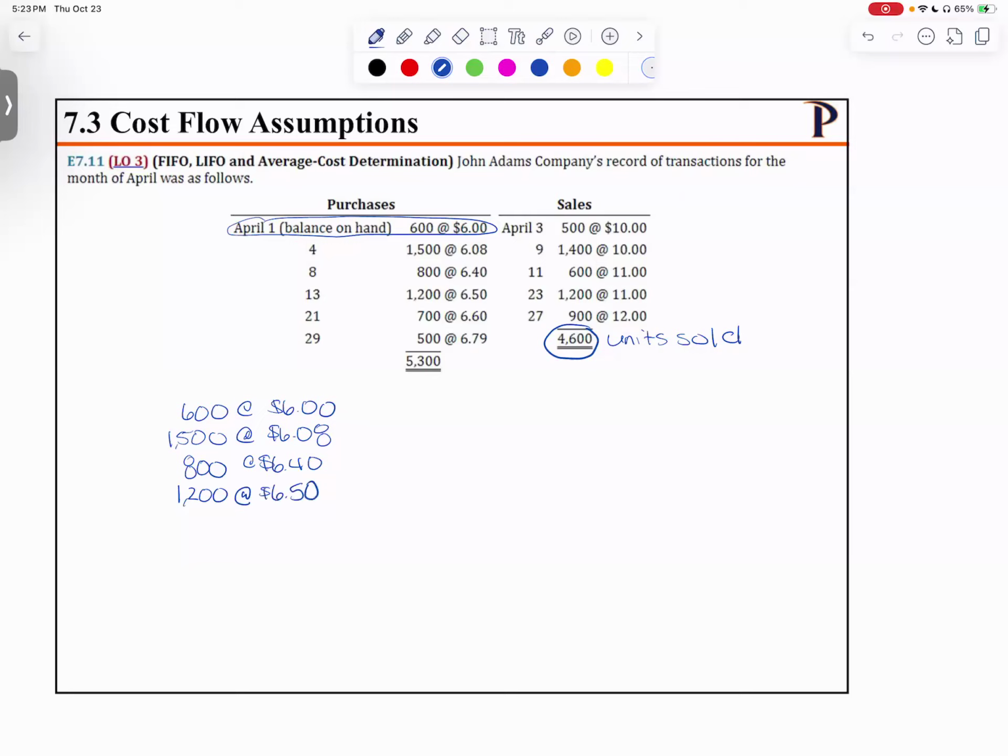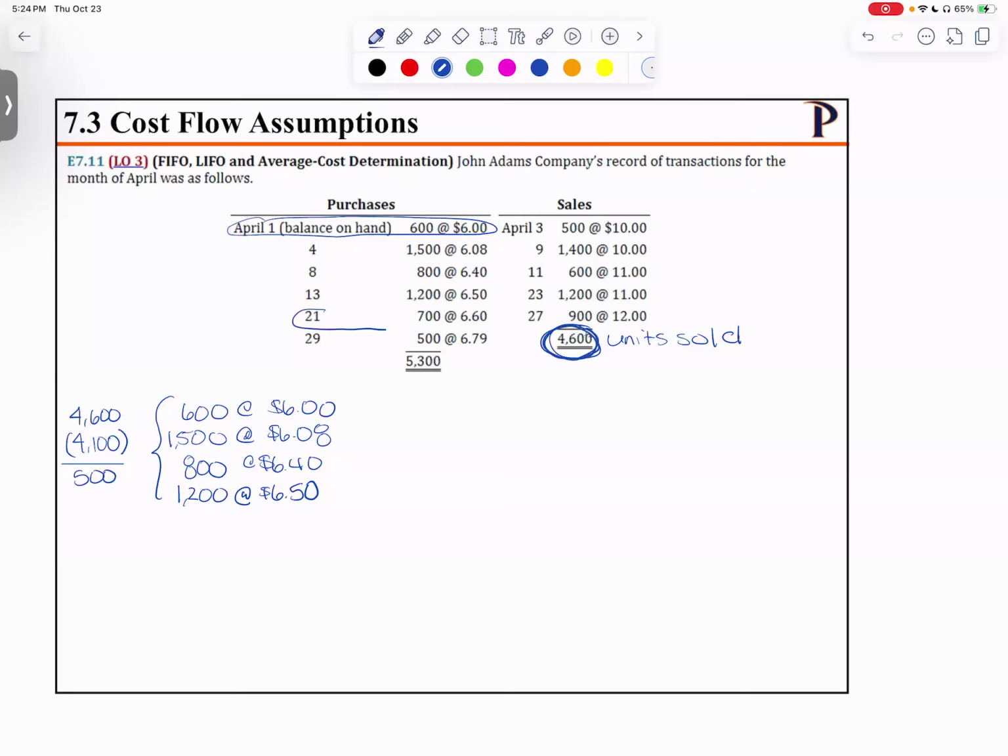And then if we go ahead and add those four purchases up, we can see that we get to 4,100 here. And so our total units that we need for calculating our sales are 4,600. So once we start getting close to our total, then we want to check and see how many more we need. So at this point, we need 500 more units to reach our units sold.